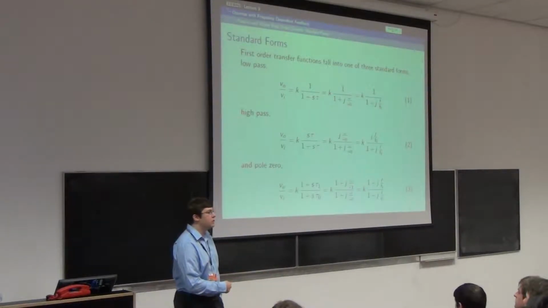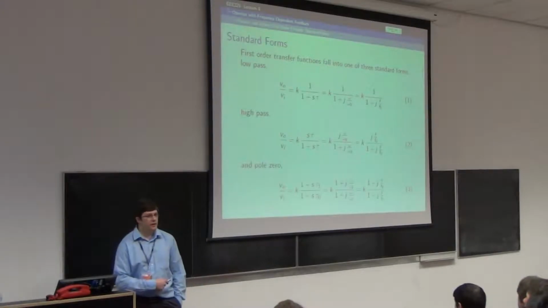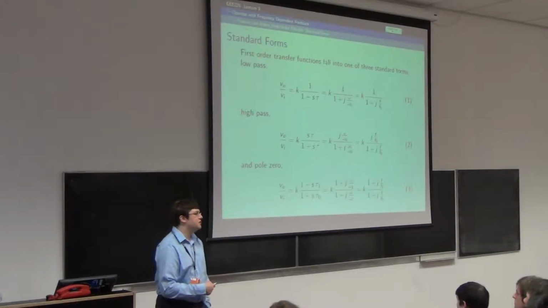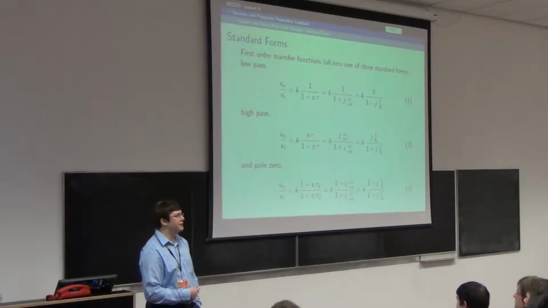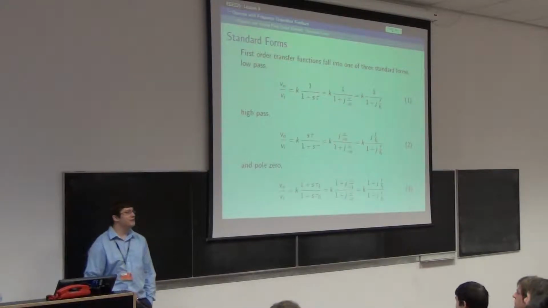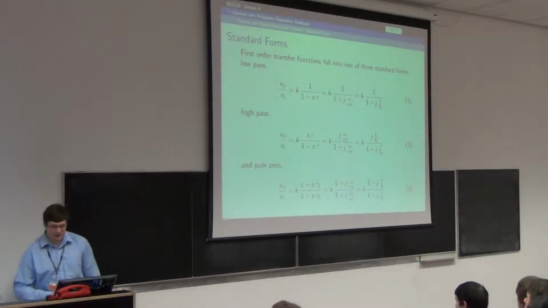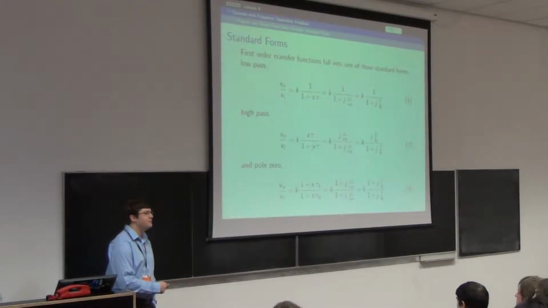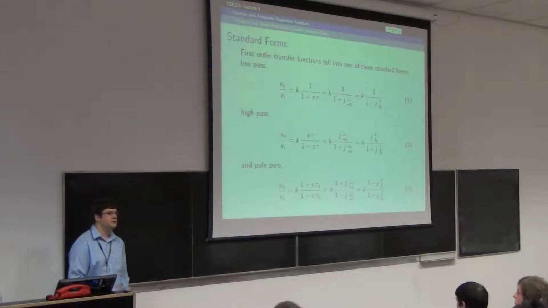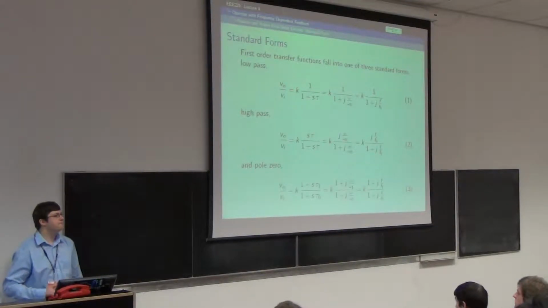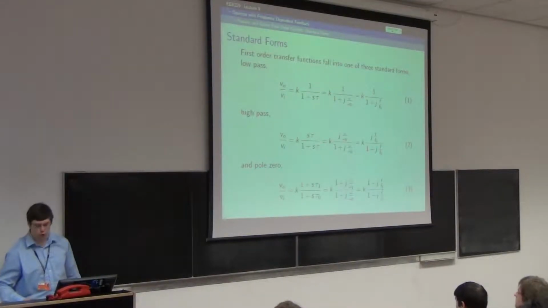F0 may be bigger or smaller than F1. F0 is the pole, F1 is the zero. Usually F0 is the pole, that's why we do it. So you can either do it by time constant or by omega or by F. To get from omega to F you just do 2 pi, and to get from tau to omega you do 1 over. Good.